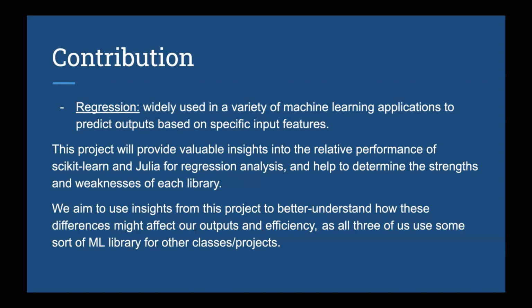We also wanted to do this on a personal note because all three of us have had some sort of machine learning library to use in some class or another. And using these insights between which one might be better compared to the other would help us make a more informed decision.